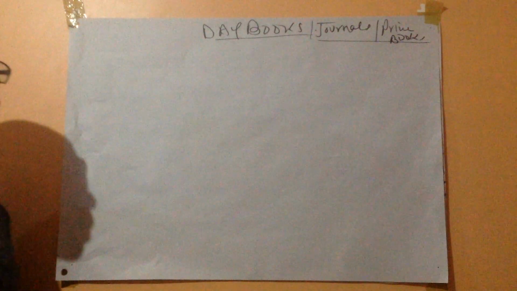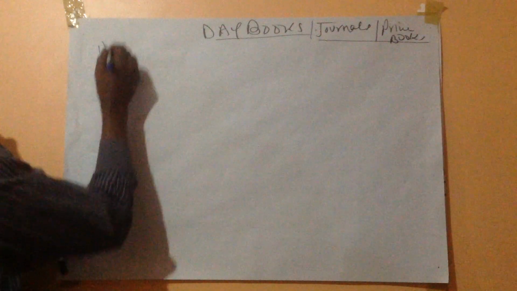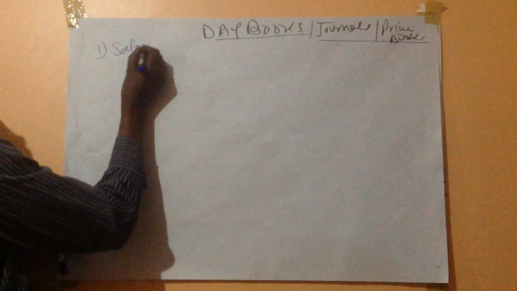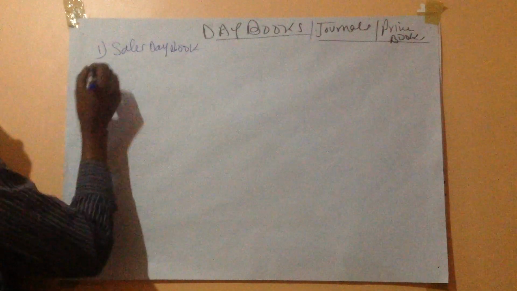Now, there are several of these daybooks, so I'll be listing them here, and then I'll show the format of what the daybook is. The first daybook is the sales daybook.